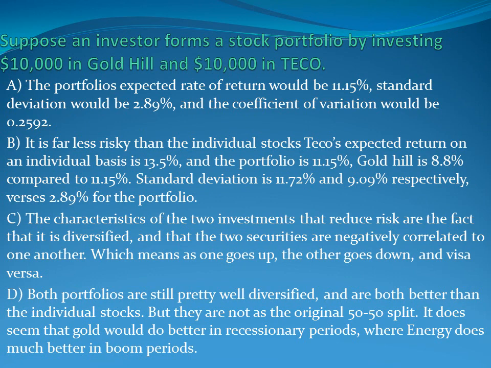Also, both portfolios are still pretty well diversified and are both better than the individual stocks, but they are not as the original 50-50 split. So it does seem that gold would do better in a recessionary period, whereas energy would do better when the economy is booming.